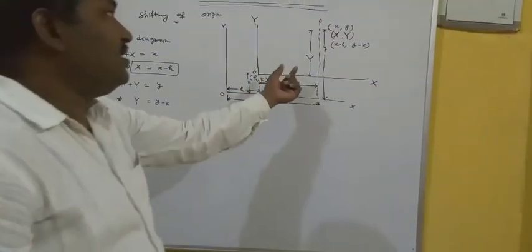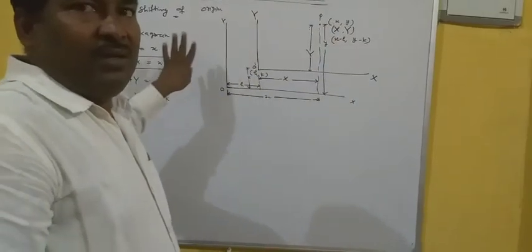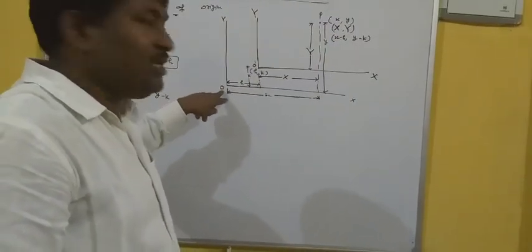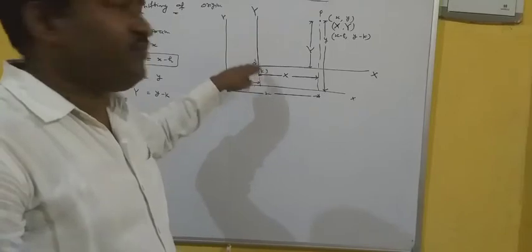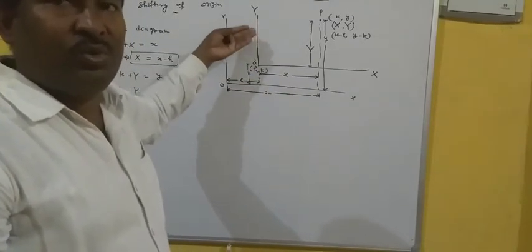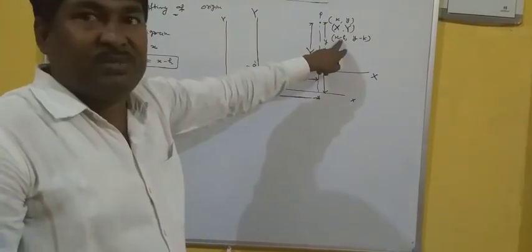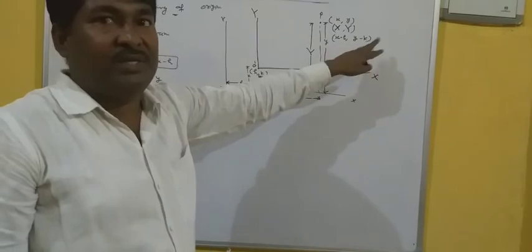In this way, if the coordinates of a point are given as per the initial origin, and the origin is shifted to a point h comma k, then according to the new origin the coordinates of the point can be calculated as x minus h and y minus k.